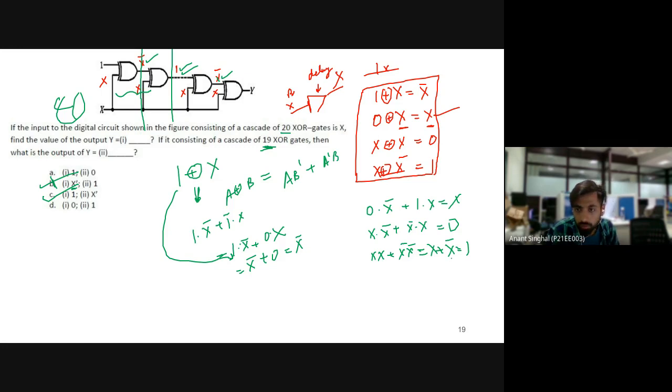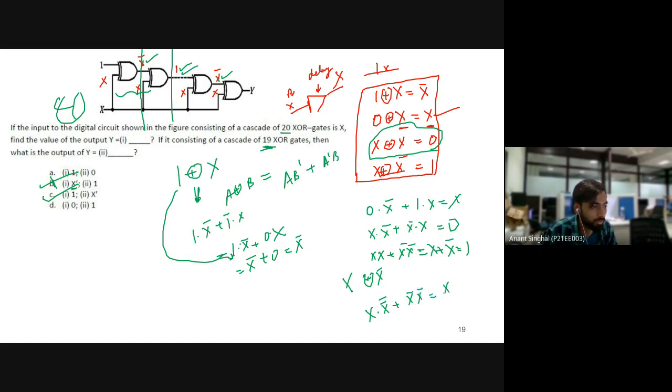X XOR x bar, how is it x bar? X XOR x bar is 0, not x bar. I'll repeat it. X XOR x bar you are asking? Yeah, so it will be 1 now. x bar plus x bar x bar.